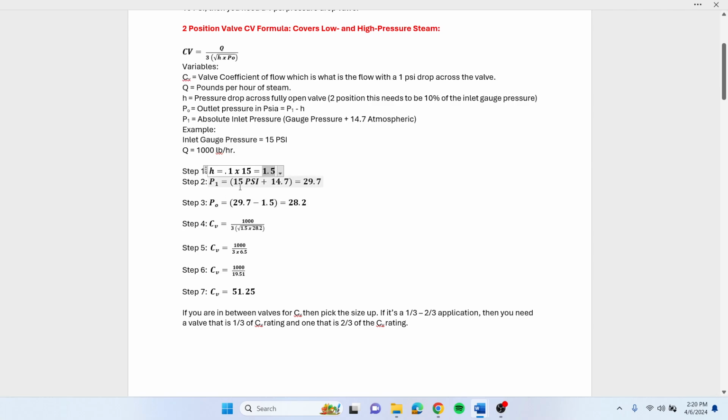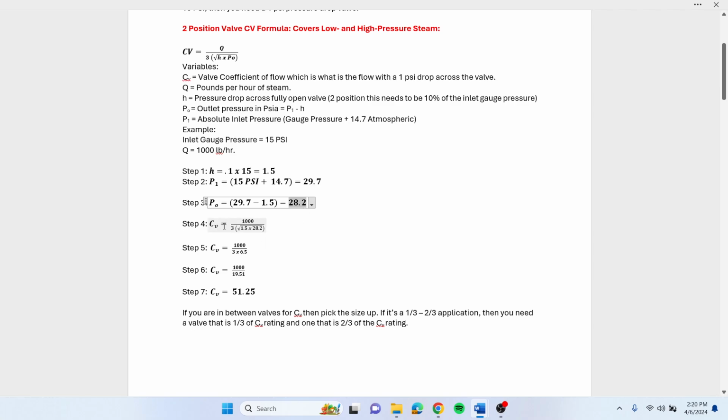P1 is your absolute inlet pressure, so that'd be 15 psi, because that's what your inlet pressure is, plus 14.7. You end up with 29.7. So your pressure outlet is just your absolute inlet minus your valve pressure drop that you're okay with, 1.5. So that ends up being 28.2 for PO.